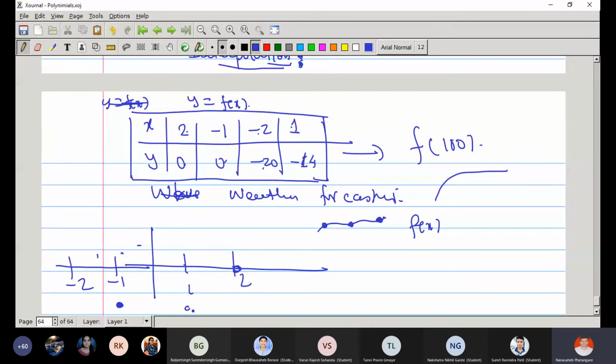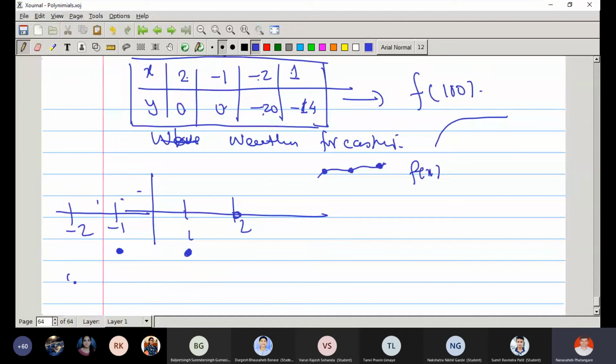Remember that our function passes through these points, these red points, right? Because this is given data. Now I want to find the polynomial. So what am I naturally going to do?